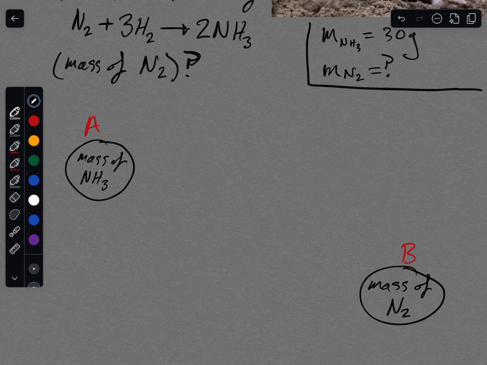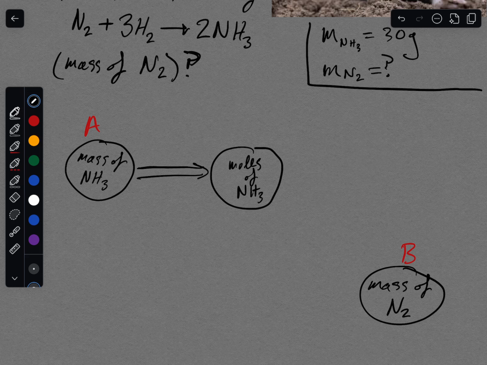So here, at some point, we're going to turn our mass of ammonia into moles of ammonia. That's going to be a stepping stone for us.